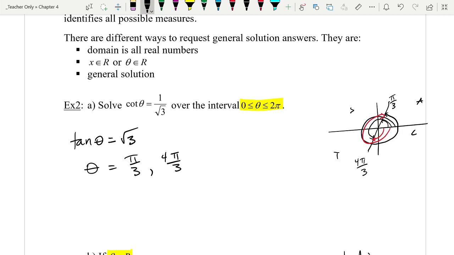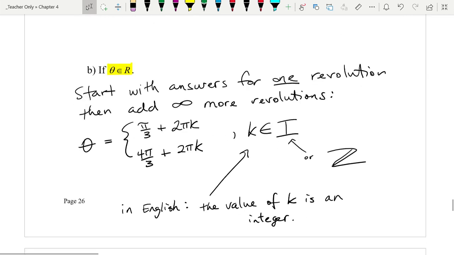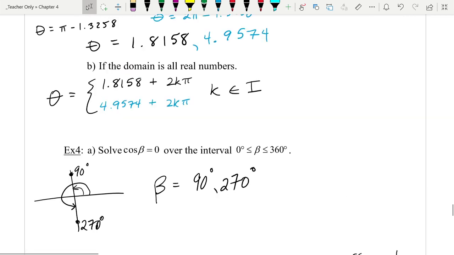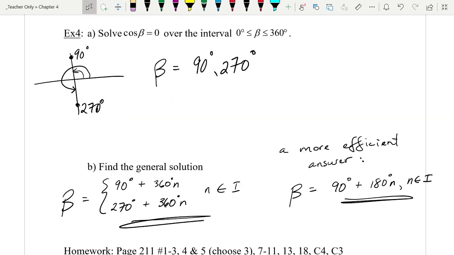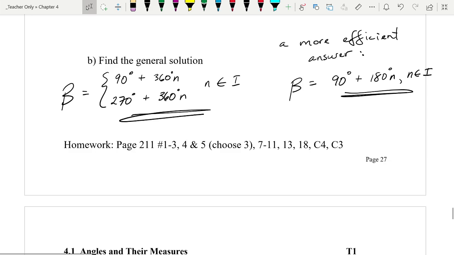So you wouldn't be able to do that. But on ones where you know that you have either 180 degrees between the two solutions, or pi if you're in radians, feel free to make a simpler answer. The textbook might do that for you. So if you're doing textbook questions, you might actually see that that's what they did.